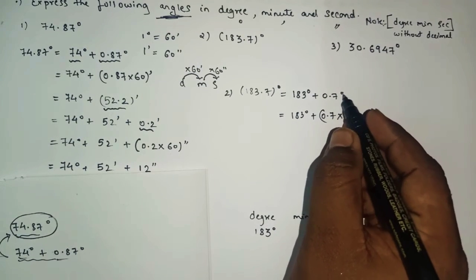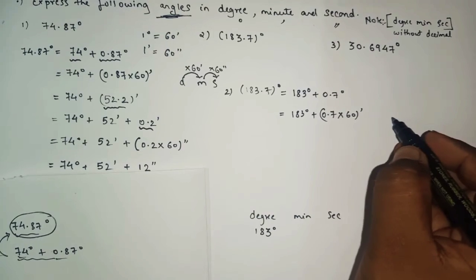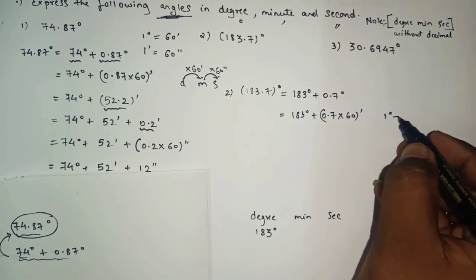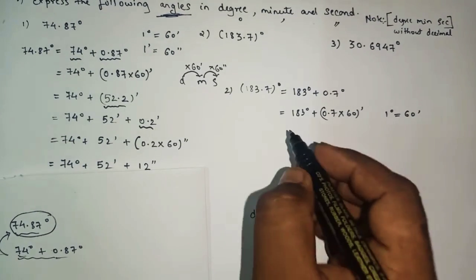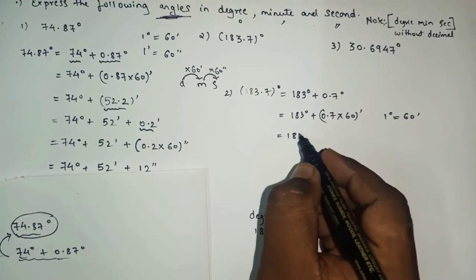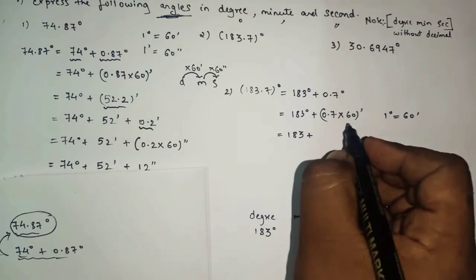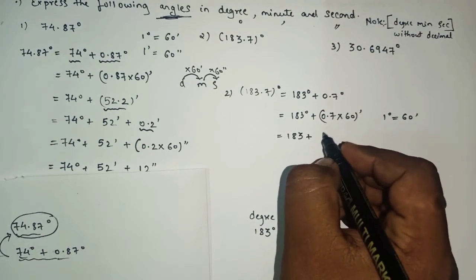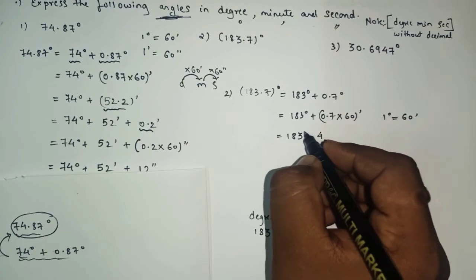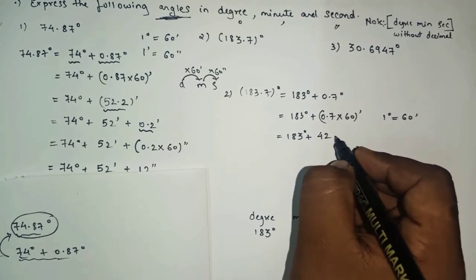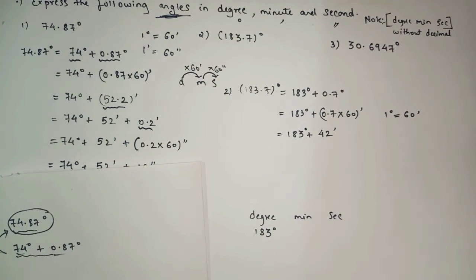As you multiply by 60, that degree will get converted into minute, because we know that 1 degree is equal to 60 minute. So 183 plus, when you multiply 0.7 by 60, that is 420, so you will get 42 minute.